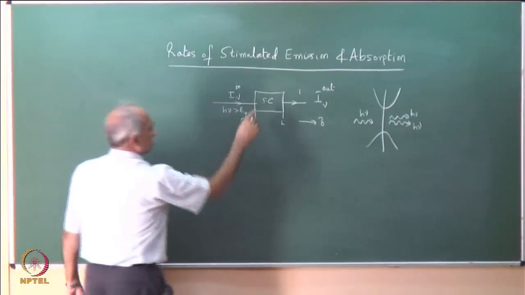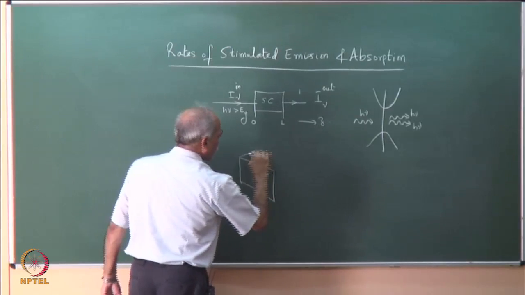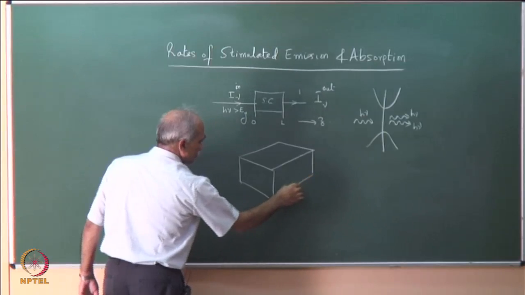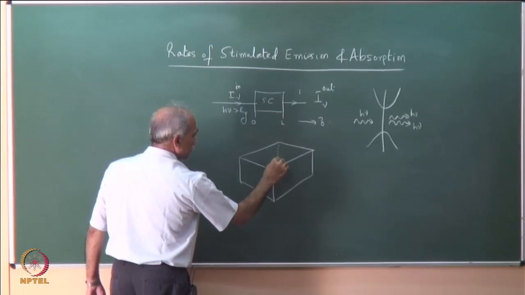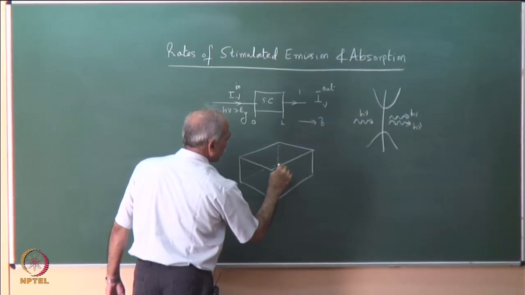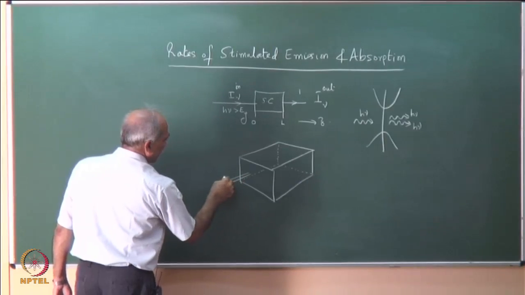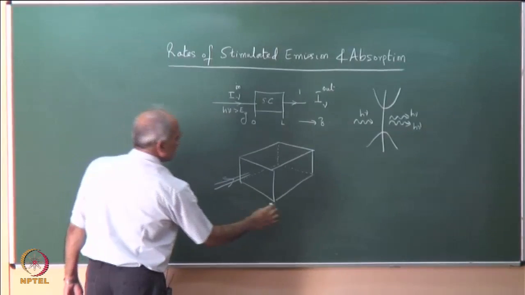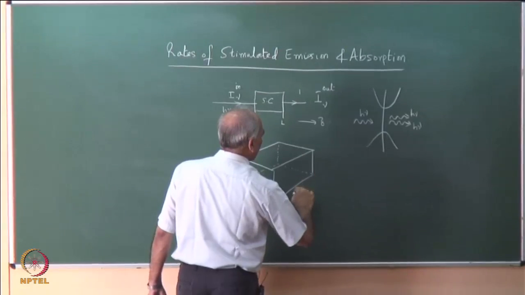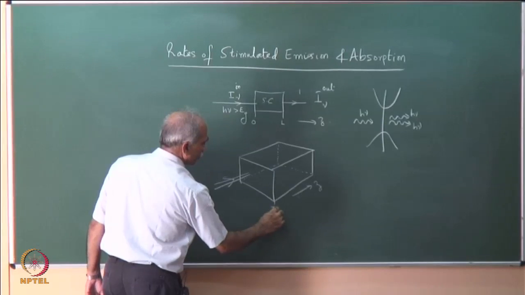So, let us consider, let me draw this diagram again. So, this is a piece of semiconductor. A light beam is incident at z equal to 0. So, the direction of propagation is the z direction, and this is at z equal to 0.